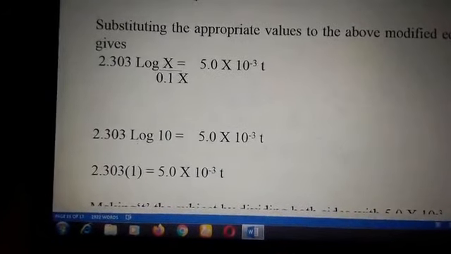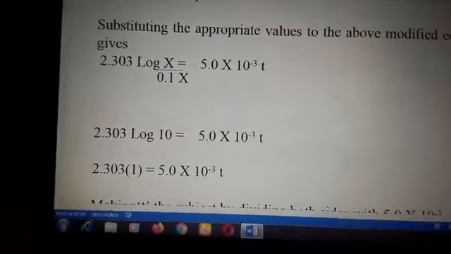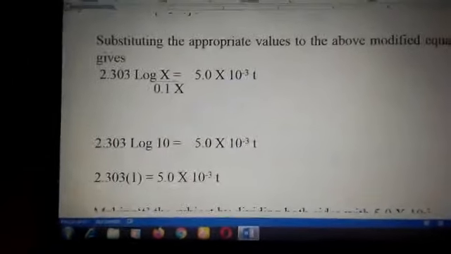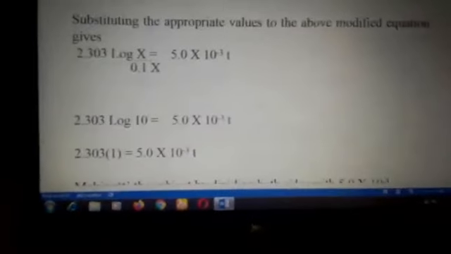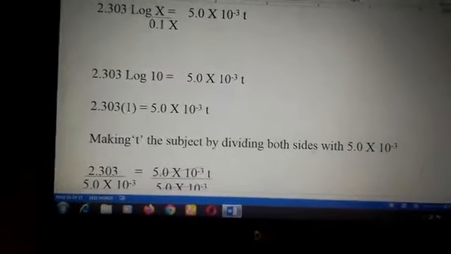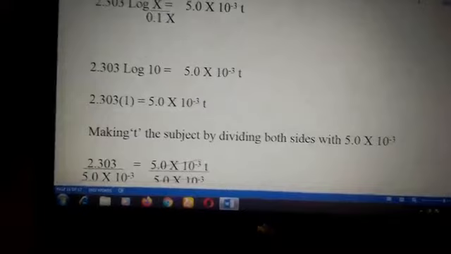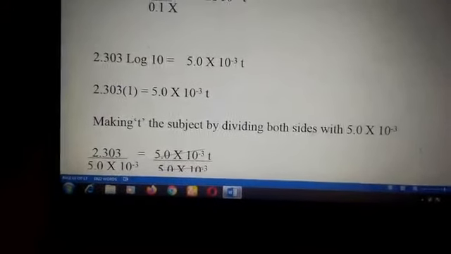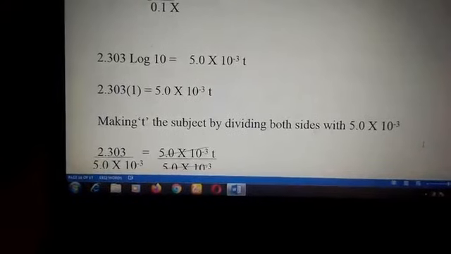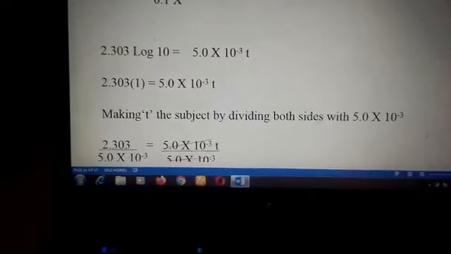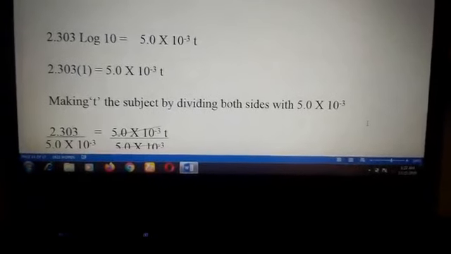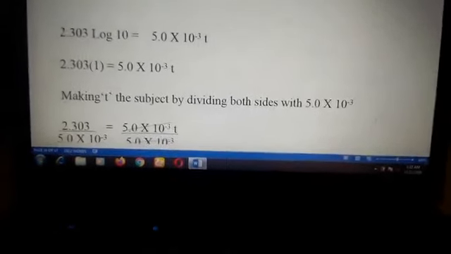So we have 2.303 log 10 equal to 5 × 10^-3 T. And log 10 is 1. So we now have 2.303 times 1 equal to 5 × 10^-3 T. We want to make T the subject. To make T the subject, we divide both sides by 5.0 × 10^-3.